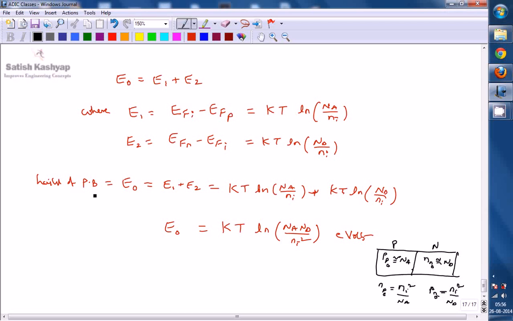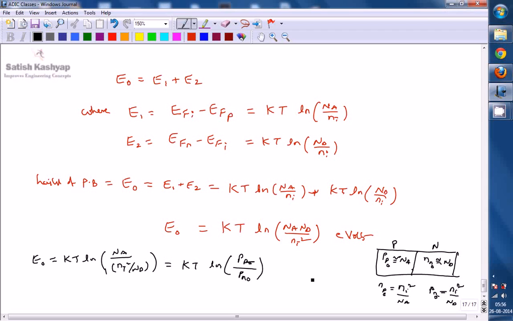So you can write the equation E0 is equal to KT natural logarithm of Na divided by Ni square by Nd. It can be expressed as KT natural logarithm of Pp naught divided by Pn naught, where Na is Pp naught and Ni square by Nd is Pn naught.